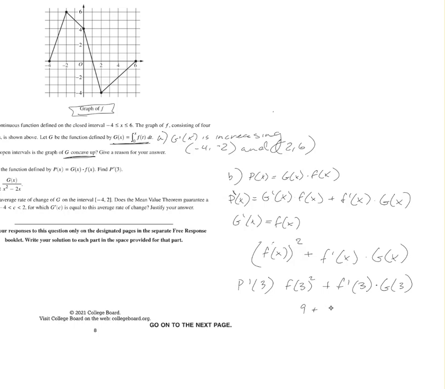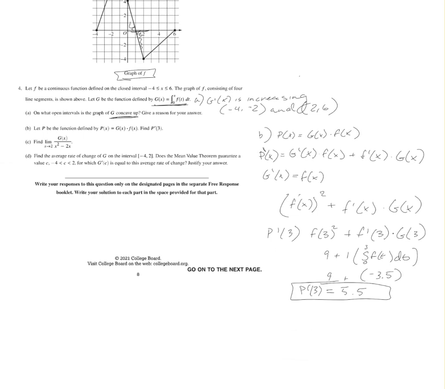Plus the slope there is 1, so 1 times the integral from 0 to 3 of f of t. And in this case, we're just going to look at the areas and count up the boxes. So that's going to net to 0, and then we have 3.5, and it's negative, so it's -3.5, plus 9, and that gives us 5.5 as p prime of 3.